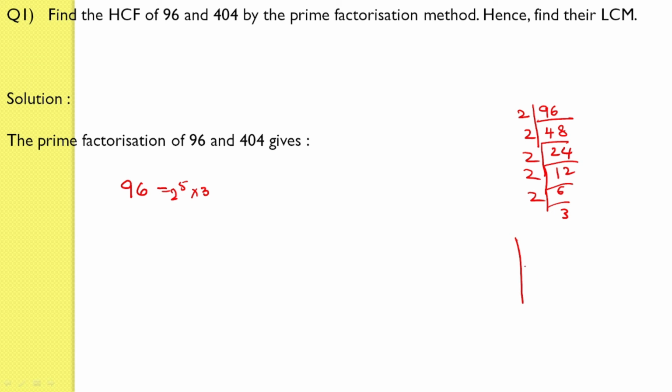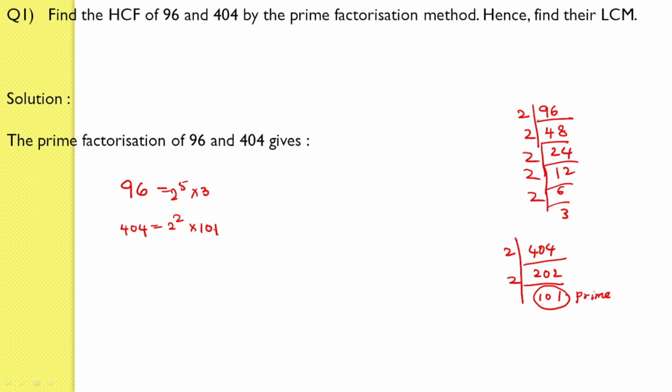Now in the same way we have to do the prime factors for 404. So 2 times 202 and then 2 times 101. This cannot be factorized further because 101 is a prime number. Now 404 can be written in the form of prime factors as 2 square multiplied by 101.